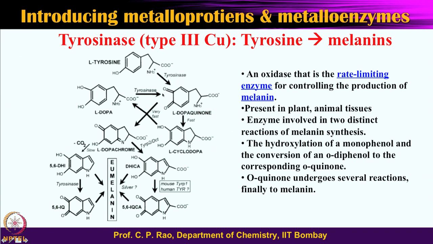The tyrosinase can convert tyrosine into dopaquinone, and so also L-dopa can be converted into dopaquinone. These can internally convert to cyclodopa and dopachrome. The dopachrome in turn is connected by a variety of enzymatic reactions, including tyrosinase, to give the eumelanin, which is a polymeric form and generates the black color.